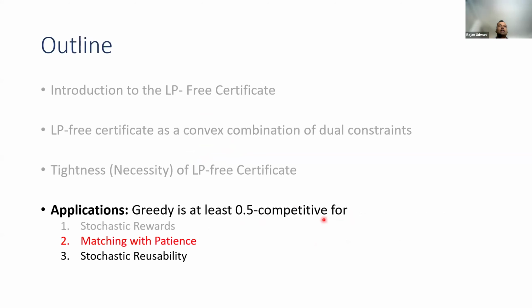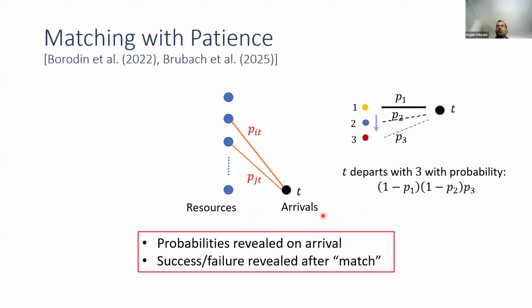All right. So with that, let's jump into the next setting, matching with patients. Matching with patients is a generalization of stochastic rewards, where when you get an arrival, you get these probabilities. You don't just have to match this T to one resource, but you may get multiple chances. This arrival is patient. So it could be that in this example, the arrival is patient enough to stick around for three matches.